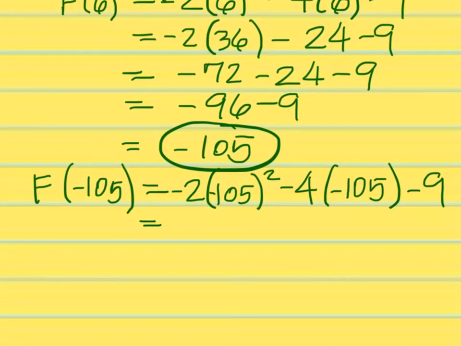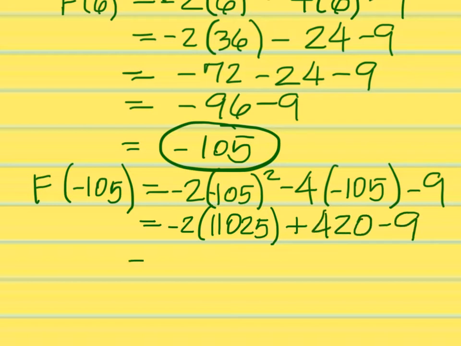So now we need negative 105 squared, and that is going to be 11,025. And then you have a double negative. 4 times 105 would be 420. And then take away 9.